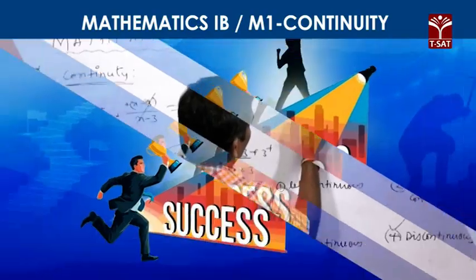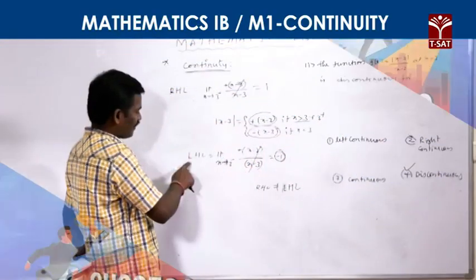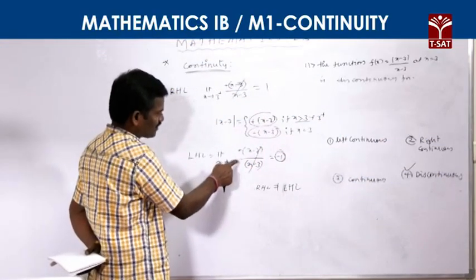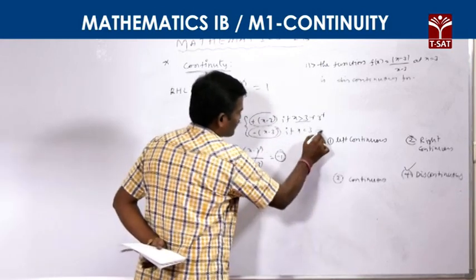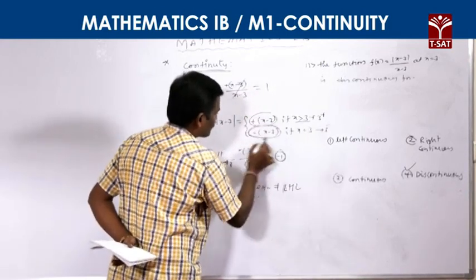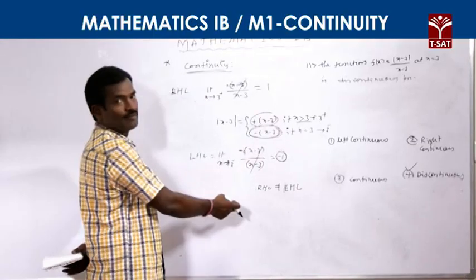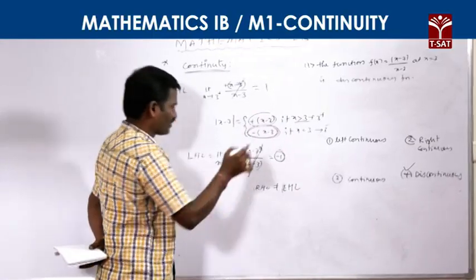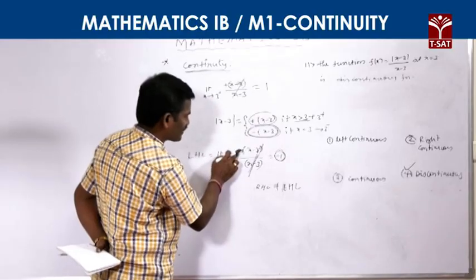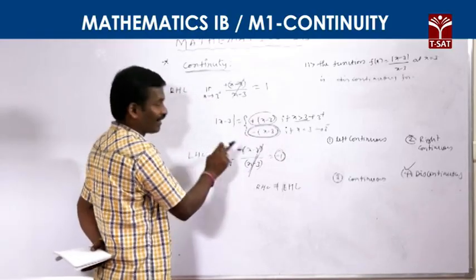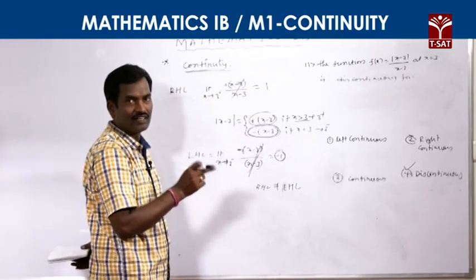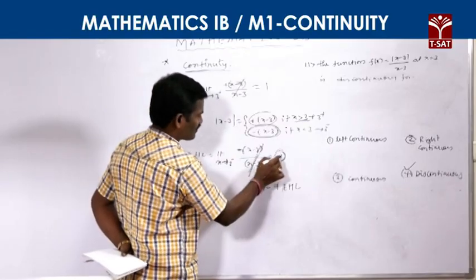Here the left hand limit, as x tends to 3 minus, is minus of x minus 3 substituted. So x minus 3 by x minus 3, the same term cancels, and minus 1 is left. The limit of a constant value needs no substitution, so the direct answer is minus 1.